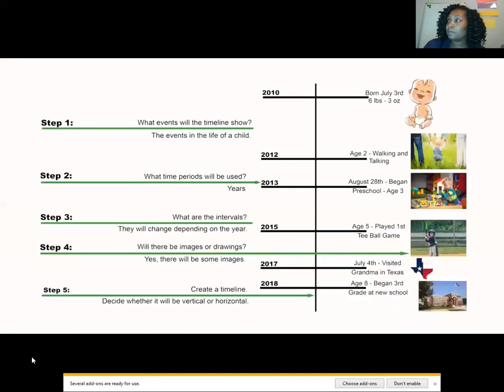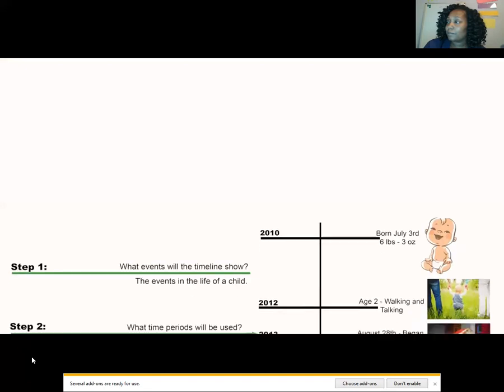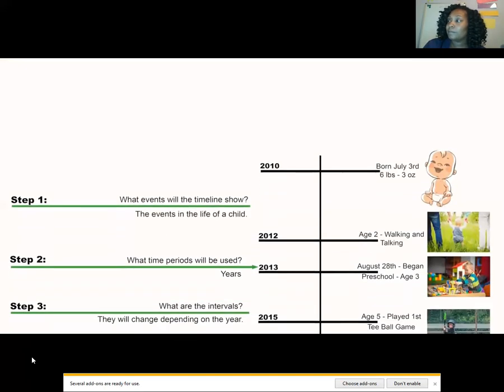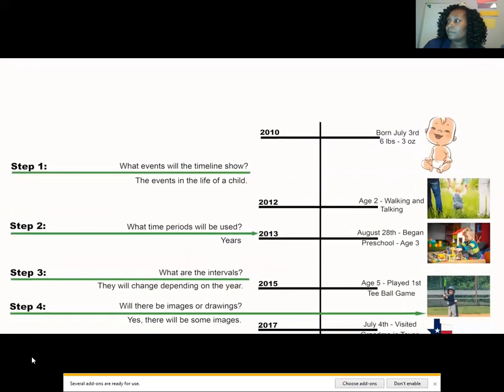In this example, we are going to create a vertical timeline. Step 1. What events will the timeline show? In this example, we're going to use the life of a child. Step 2. What time periods will be used? We're going to use years. Step 3. What are the intervals? In this example, they will be changing depending on the year. Mhm. Step 4. Will there be images or drawings? That's cool. Yes, there will be some images.